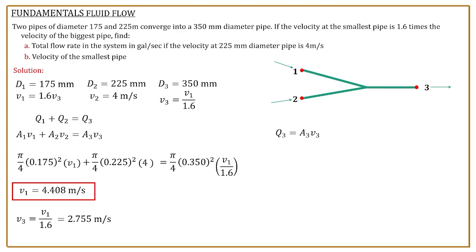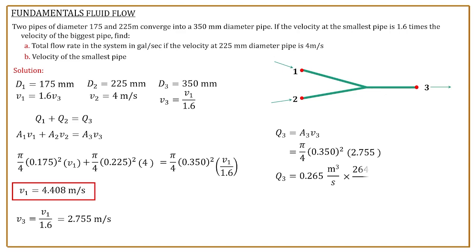For Q3, we have A3 V3, pi over 4 times 0.35 squared times yung V3 na nakuha natin na 2.755. That will be Q3 equals 0.265 cubic meter per second. Okay na sana to, kaso sobrang demanding nung ating problem. Sabi daw, i-convert natin papuntang gallon per second.